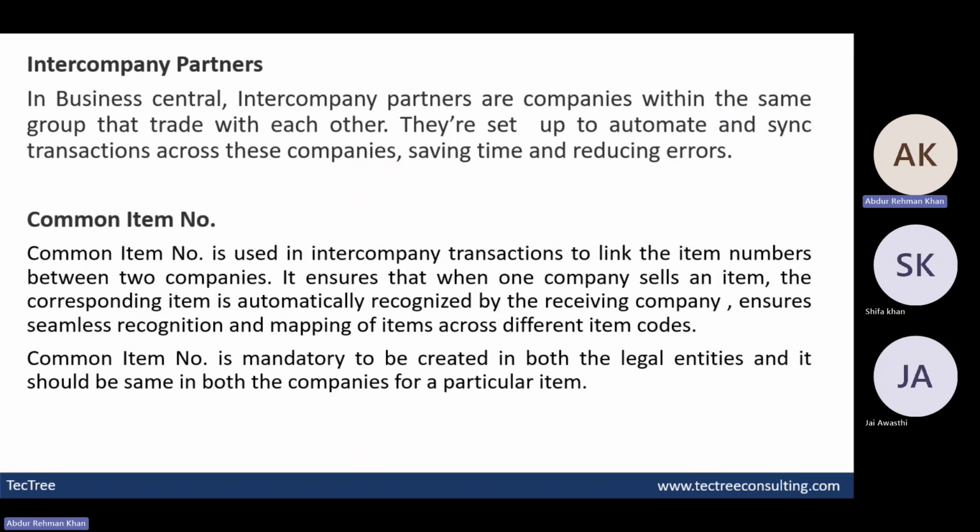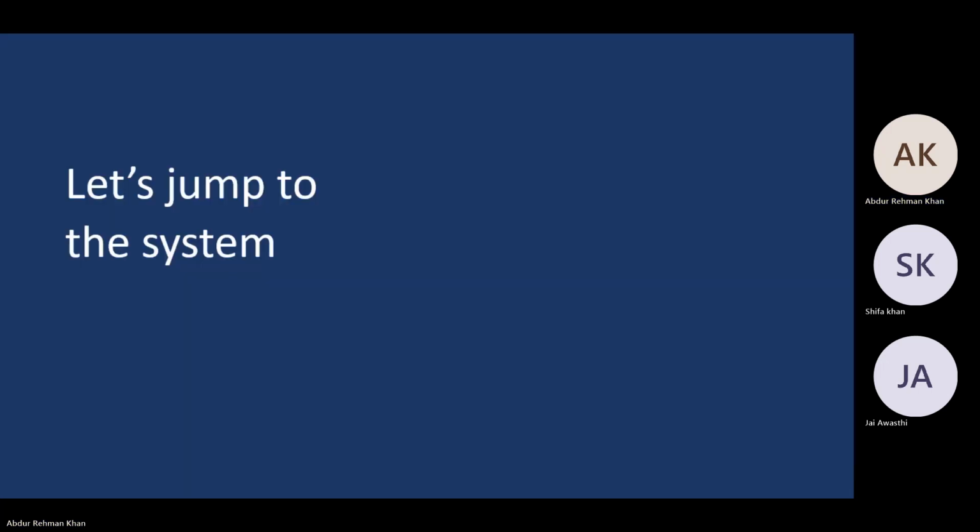It ensures that when one company sells an item, the corresponding item is automatically recognized by the receiving company, ensuring seamless recognition and mapping of items across different item codes. The common item number is mandatory to be created in both the legal entities and it should be the same in both companies for a particular item.